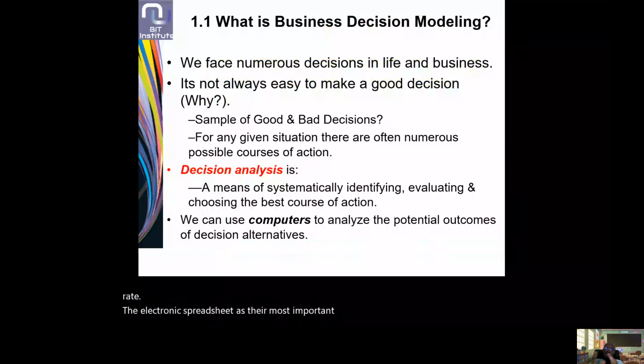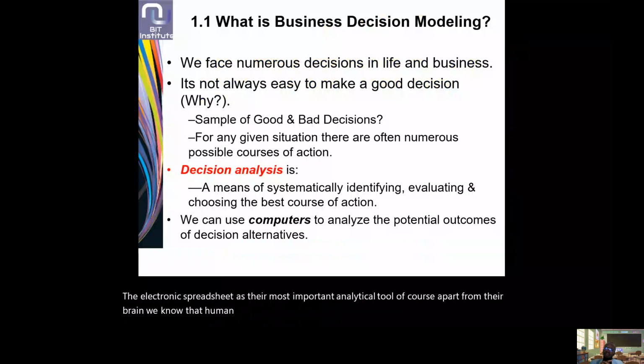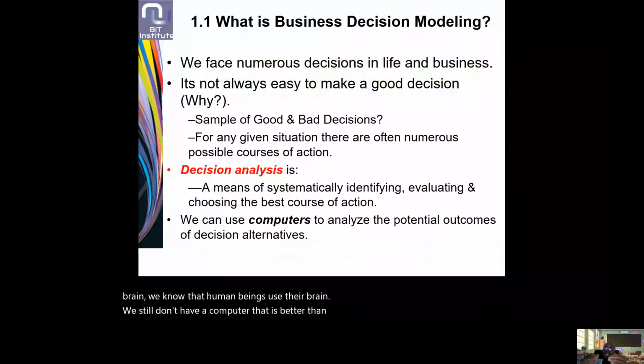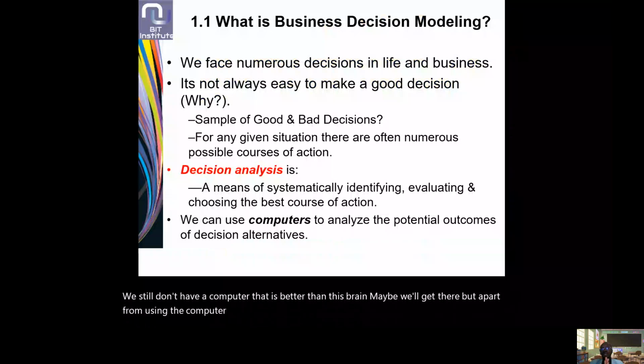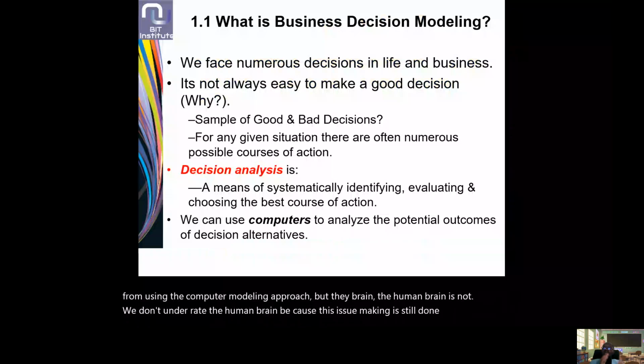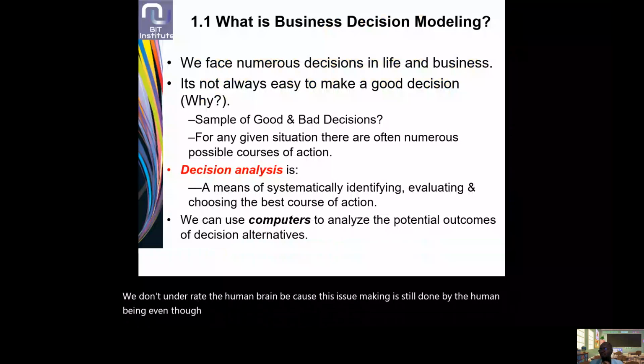Of course, apart from the brain, we know that human beings use their brain. We still don't have a computer that is better than the brain. Maybe we'll get there. But we don't underrate the human brain, because decision making is still done by the human being, even though the modeling is done by the computer.